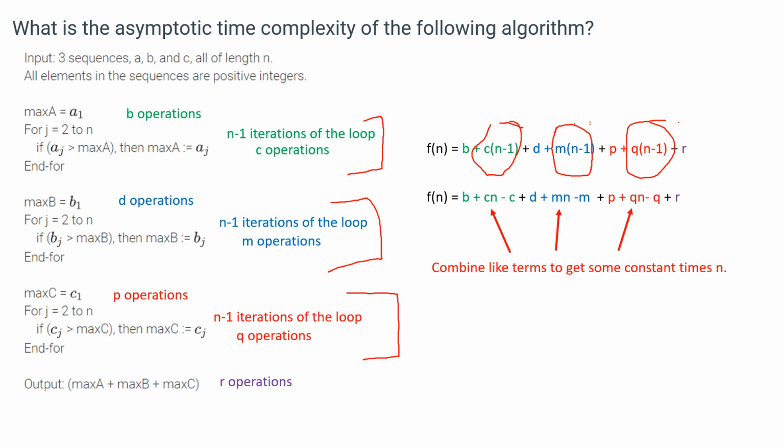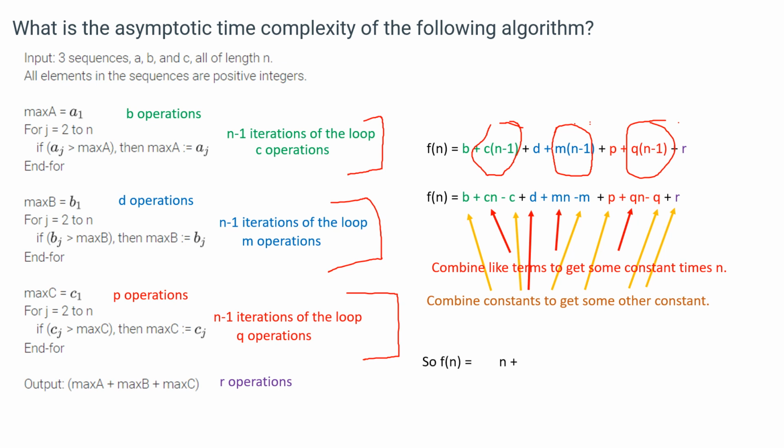So let's first of all take the terms that involve an N, and combine all of those. And then also take the terms that don't involve n, and combine all of those. And so we're going to get a certain number of n's when we put all of those terms with an n in there, and then a certain other constant that's just by itself that doesn't involve n.